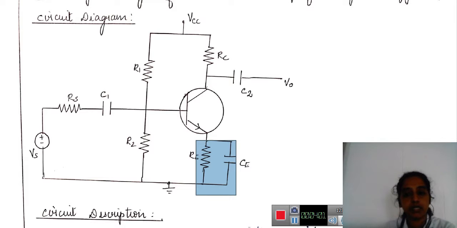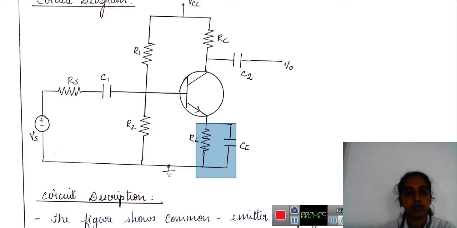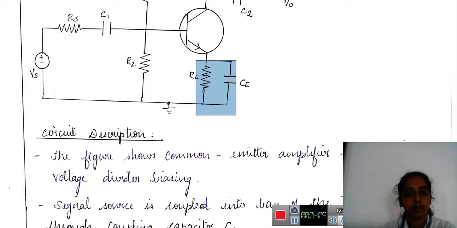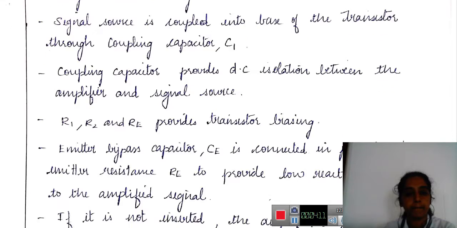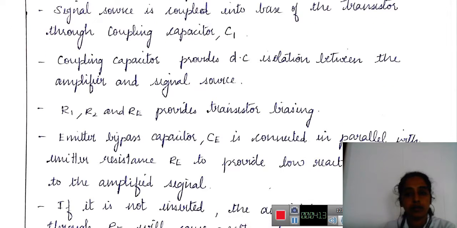So as we are giving the bypass, the amount of voltage is being bypassed here. So here it provides the low resistance path to the amplified signal.